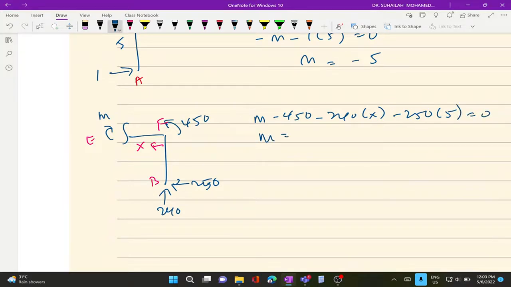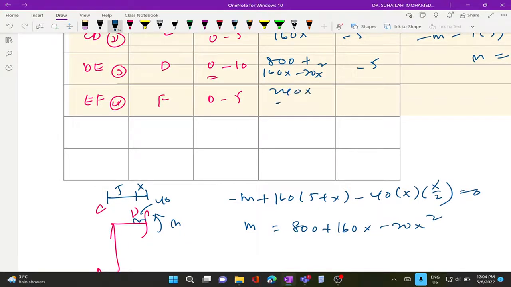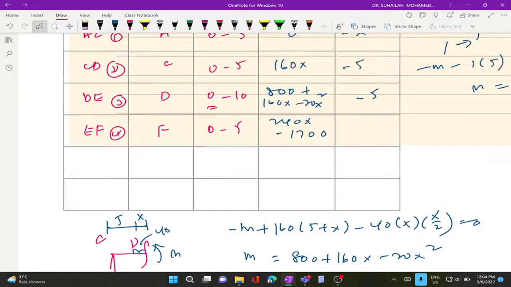So M plus 1700 minus 240X equal 0. So M equal to 240X minus 1700.